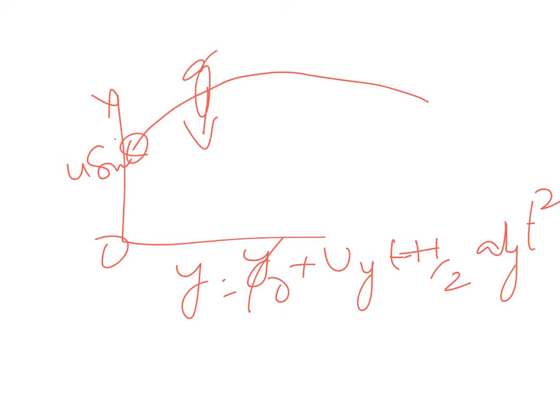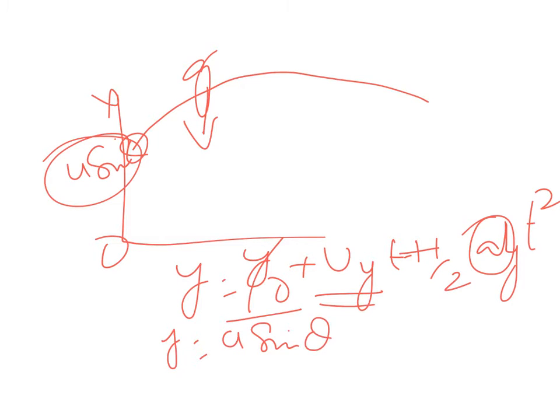Because the velocity is decreasing due to gravity, we take a as minus g, and uy as u sin theta. So this becomes y is equal to u sin theta t minus half gt square.